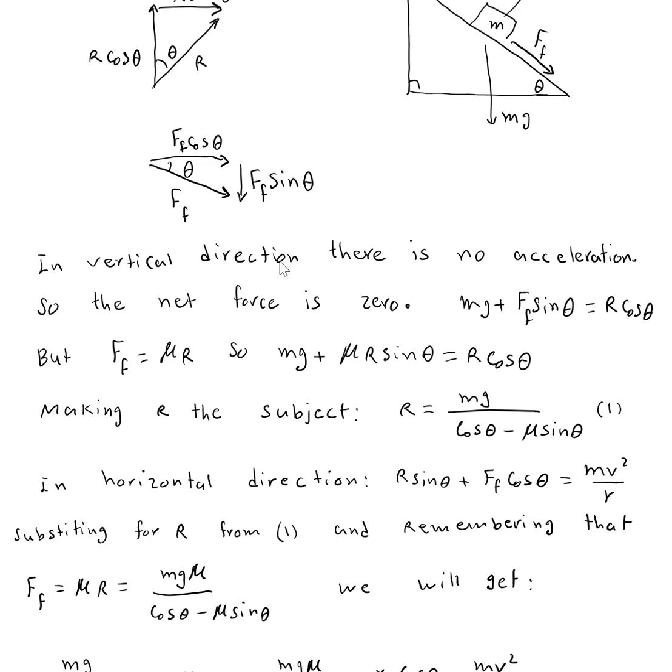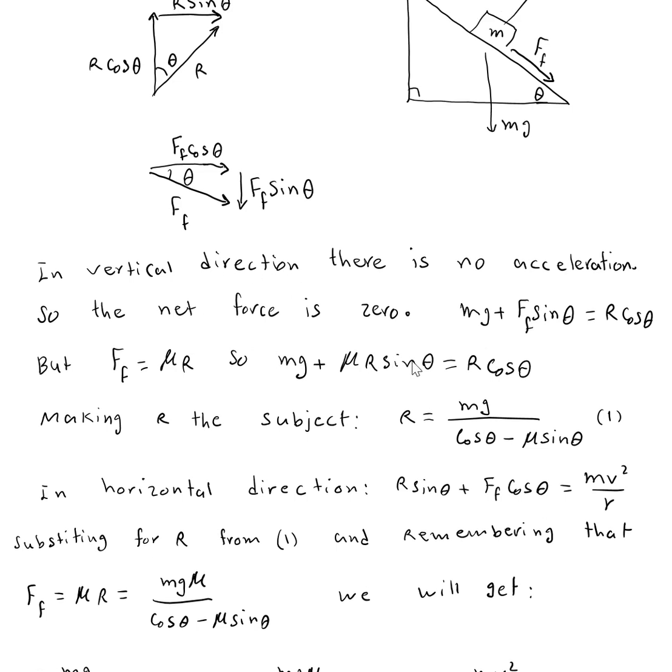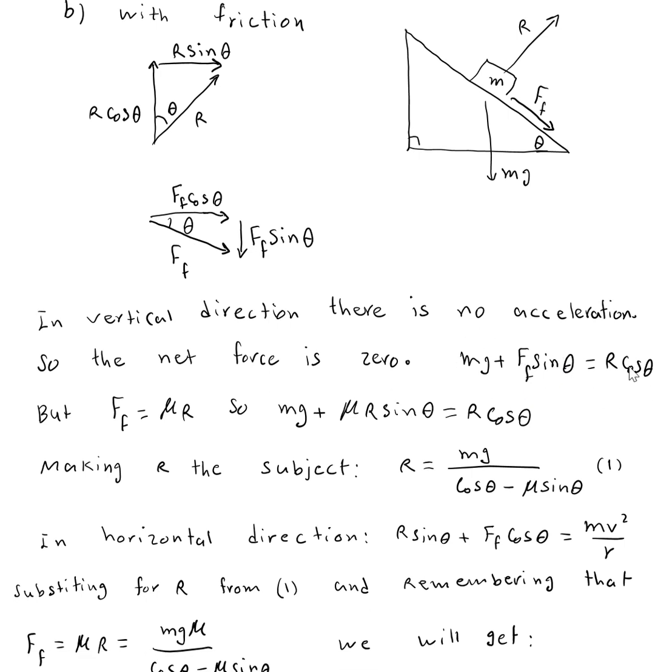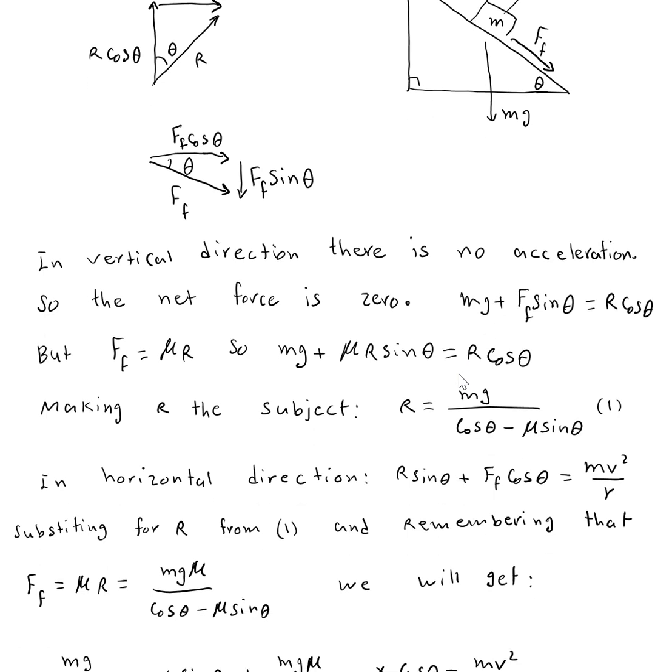Again, we have no acceleration in the vertical direction, so that means all forces down must be balancing all forces up. The only force up is R cos theta, and the forces down are mg and Ff sin theta. So these two together down, this one is up, so they must be equal.